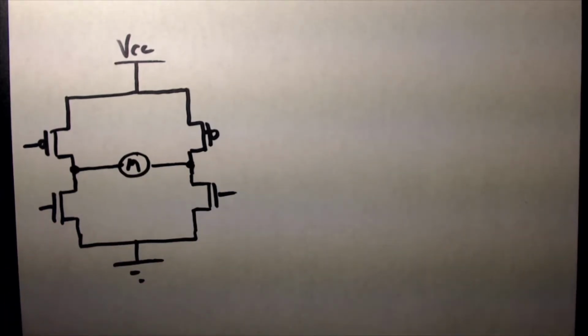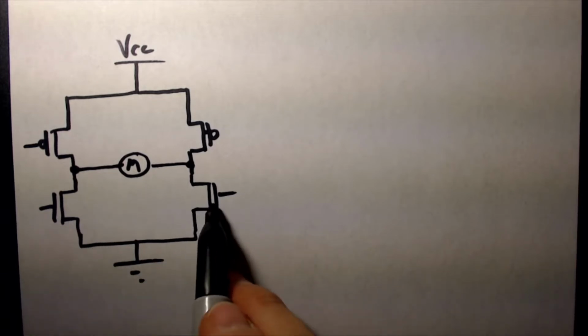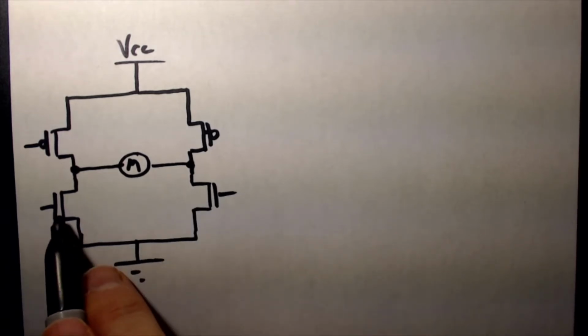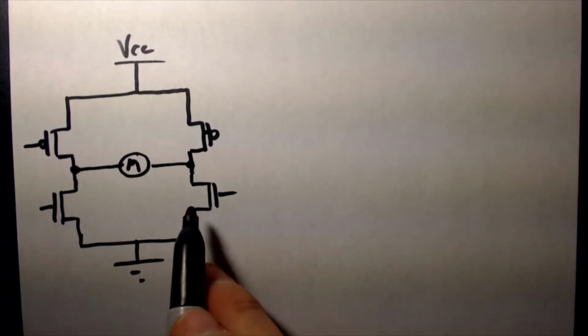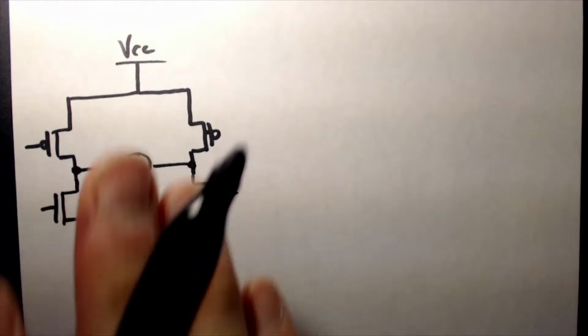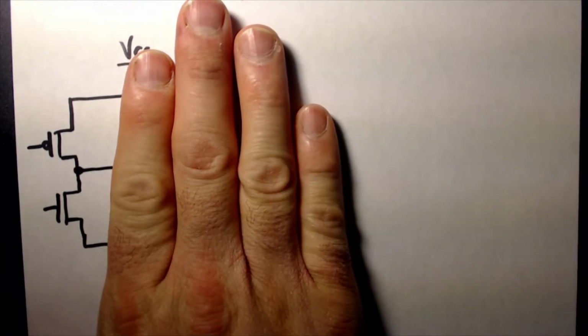Okay, and now let me point out a couple of things here. Notice that on the bottom here I have two N-channel MOSFETs because I need N-channel MOSFETs to achieve low side switching, right? If you think about half of this circuit, I have what's referred to as a half H bridge.